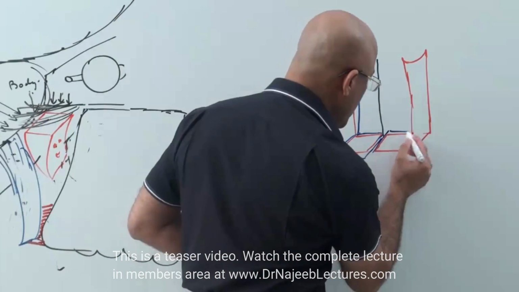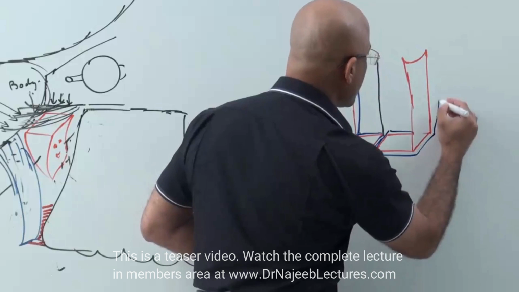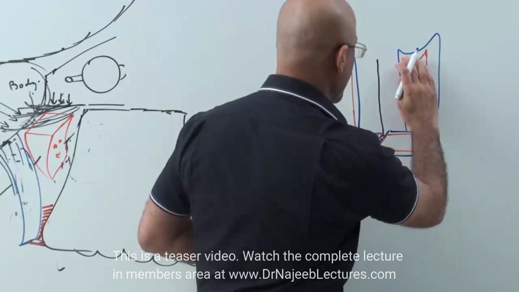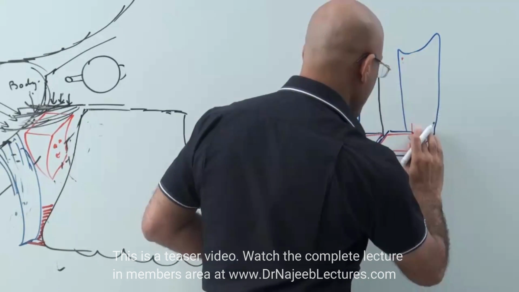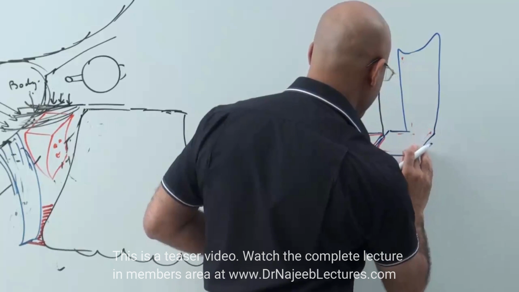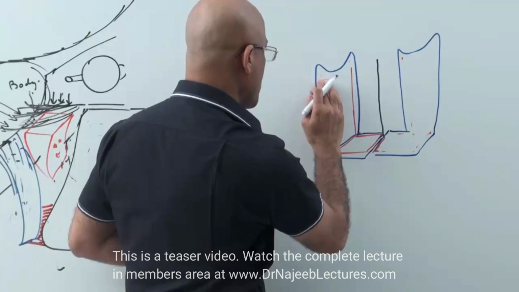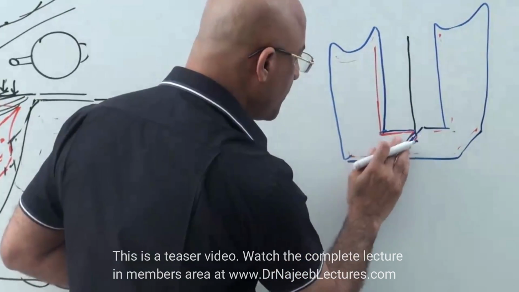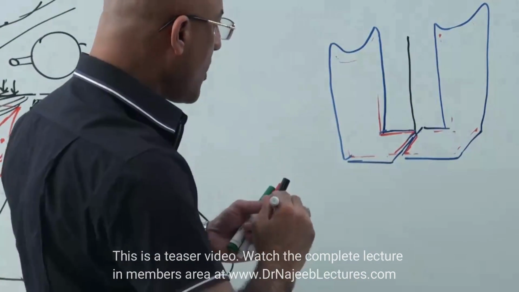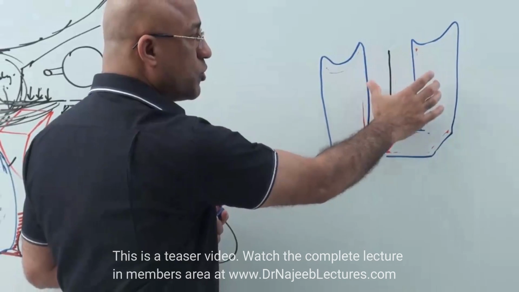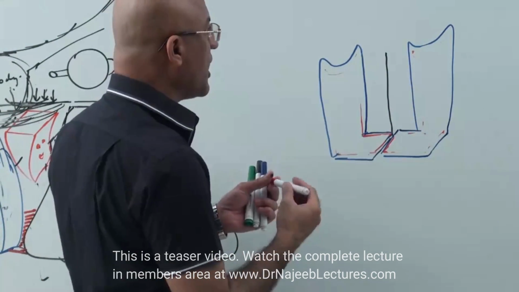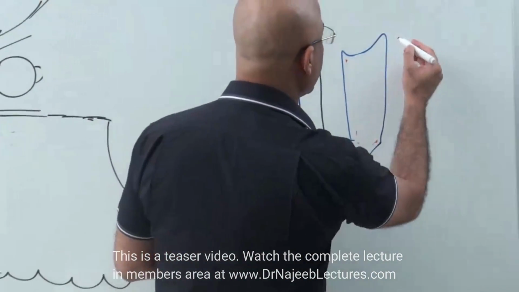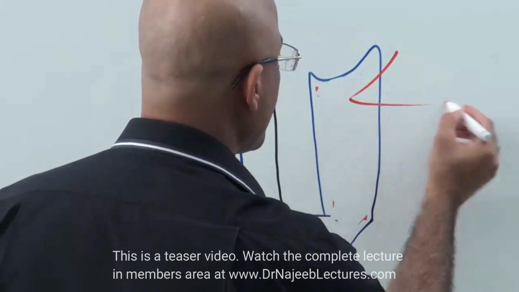Now, right and left palatine bones. Now, what is the relationship of these two bones with the pterygopalatine fossa? The pterygopalatine fossa is exactly here.